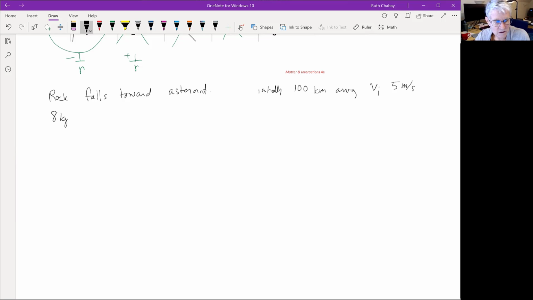The radius of the asteroid is 10 kilometers, and its mass is 2 times 10 to the 16 kilograms. So what is V final just before it crashes onto the surface?